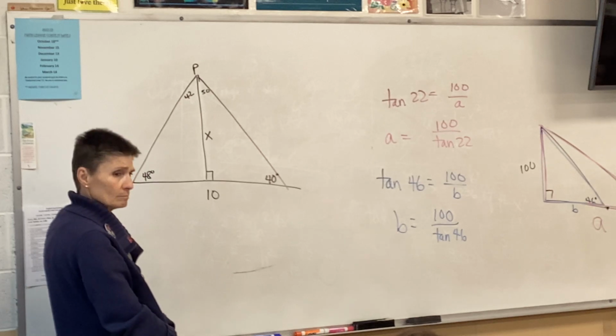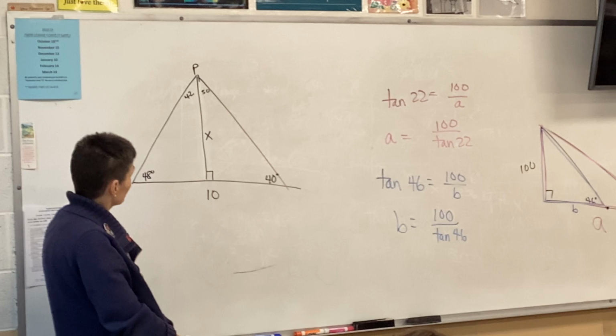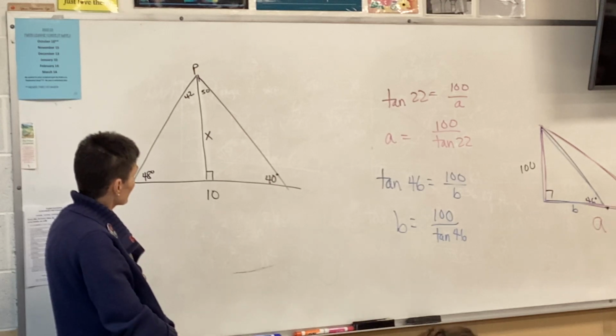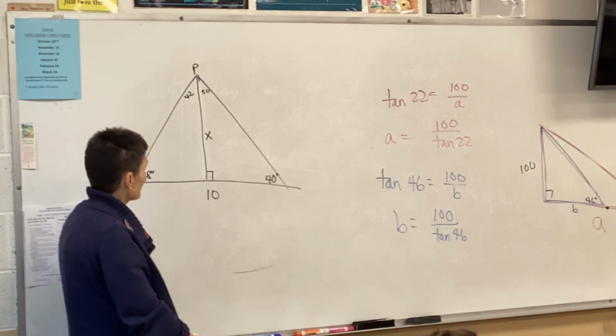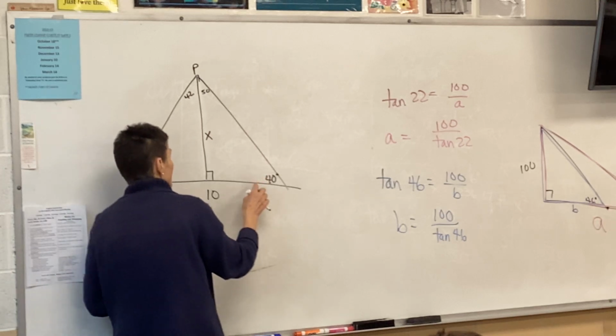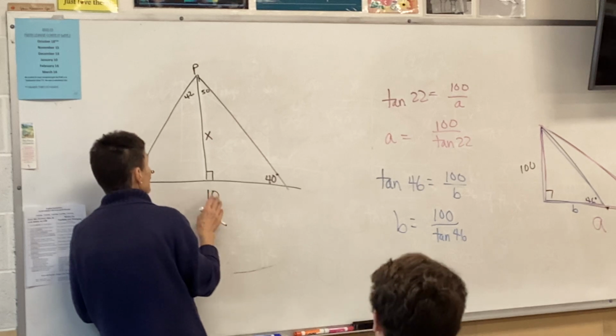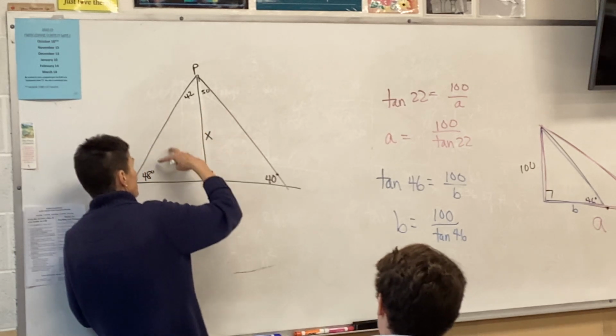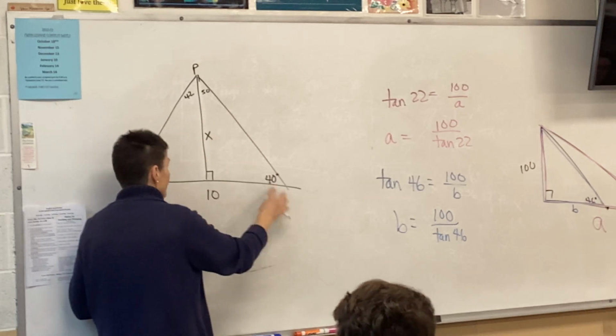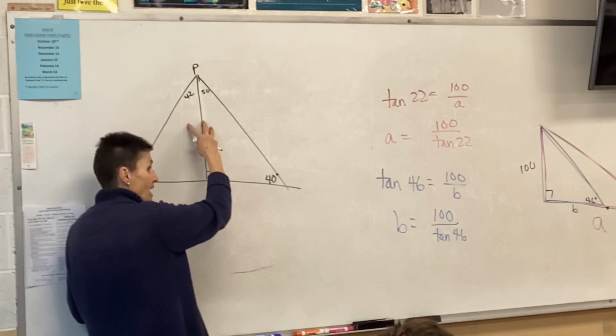Would it be like 10 divided by sine of 40? Would that get you the other side? What other side, what are you talking about? So then dividing in half, but if you did 10 divided by sine of 40, would that get you one of the measurements? Okay, we can't really use 10 because this is a side of this triangle, and it's not a right triangle.